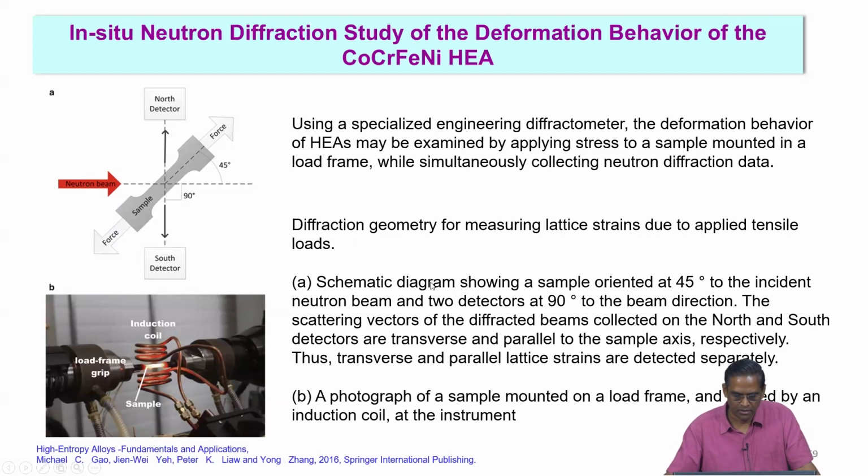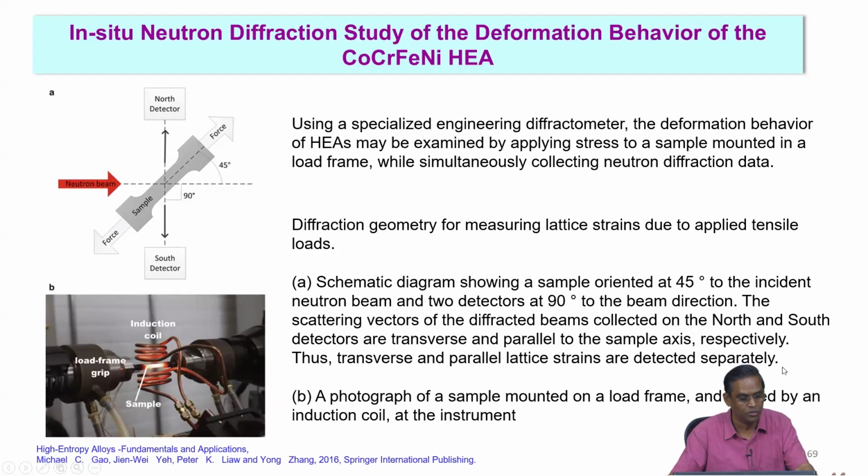The schematic diagram shows a sample oriented at 45 degrees to the incident neutron beam and two detectors at 90 degrees to the beam direction. The scattering vectors of the diffracted beam collected on the north and south detectors are transverse and parallel to the sample axis. This is important: the transverse and parallel lattice strains are detected separately.